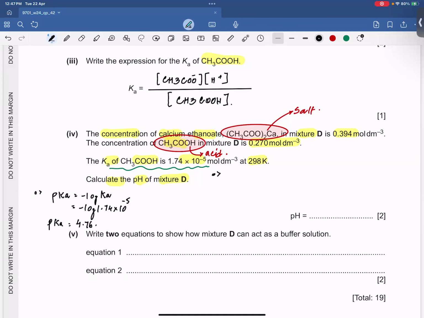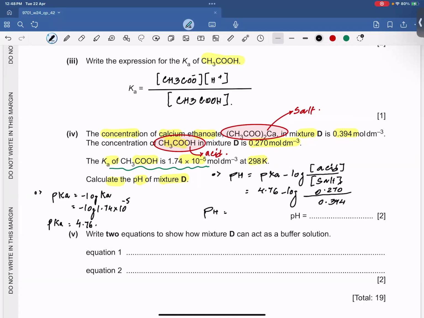Now I'm going to apply the Henderson equation. And this Henderson equation is applicable for the buffer solution. Because the concentration of salt and acid is given, which means it's a buffer solution, an acid buffer solution. So I need to apply the Henderson equation. pH equals pKa, 4.76, minus log. Concentration of acid is 0.270. Concentration of salt is 0.394. So the pH is going to be how much?